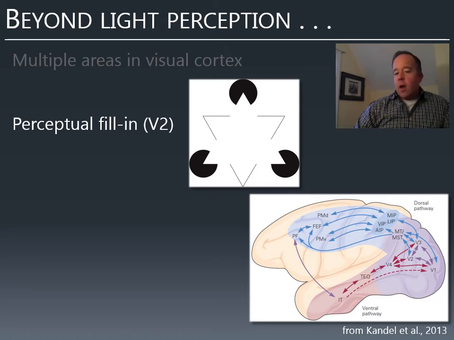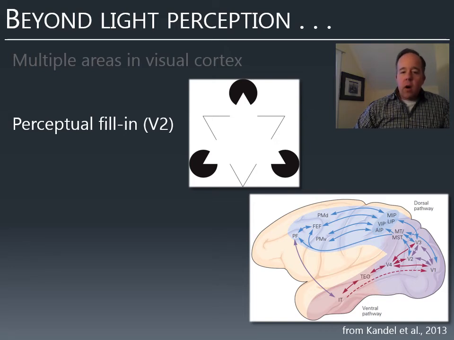So you have area V2, for example, and V2 tries to figure out what shape things are. So you get what's called a perceptual fill-in. So if you look at this diagram from your book, what you probably see is a white triangle in the middle that's overlapping another triangle and three circles.